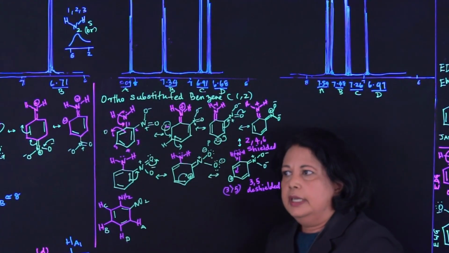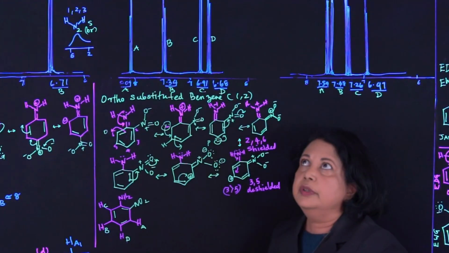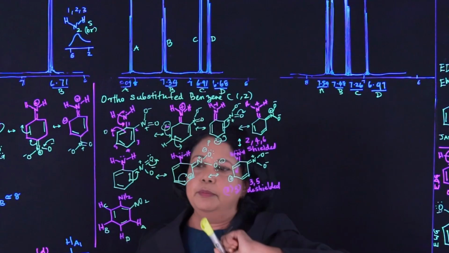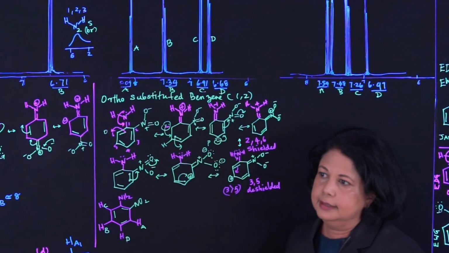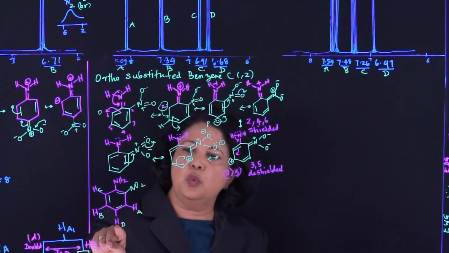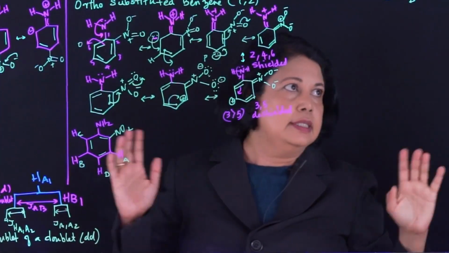So now that we've figured out all of these hydrogens, let's figure out if the coupling pattern, doublet, triplet, makes sense for this. Let's look at the splitting patterns. HA has one neighbor that's ortho, with a big coupling constant, 7 to 10 Hertz.